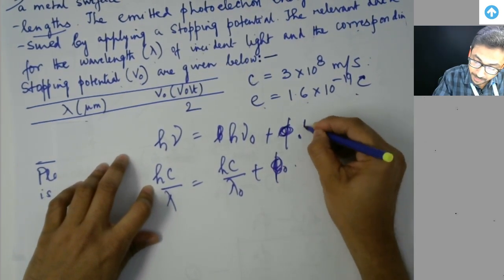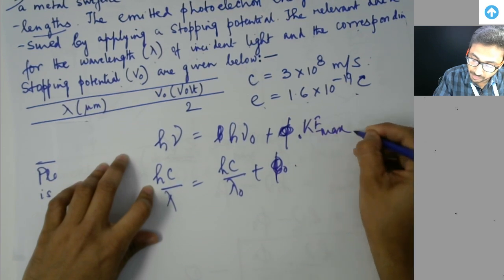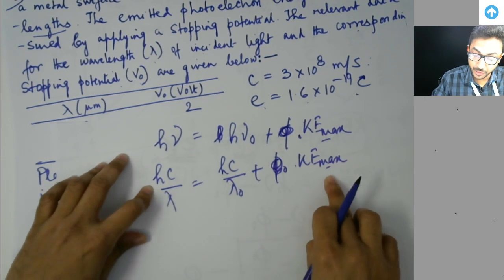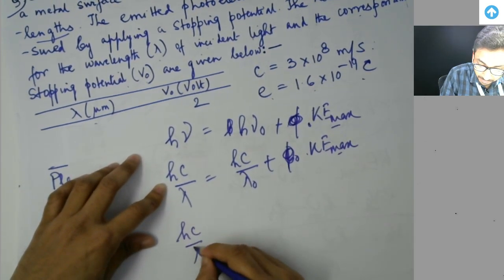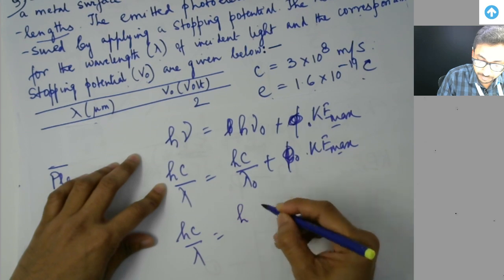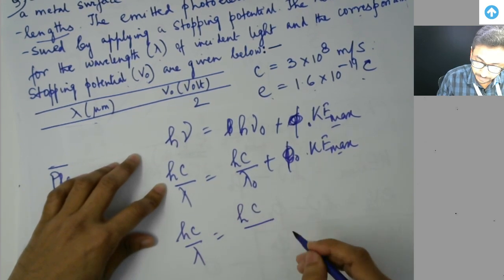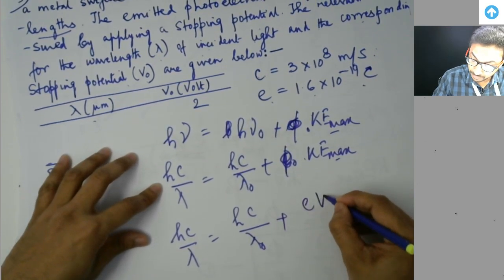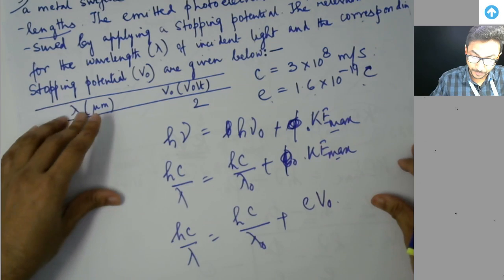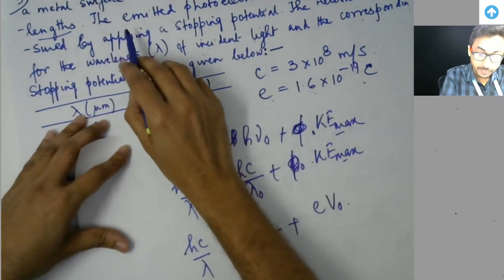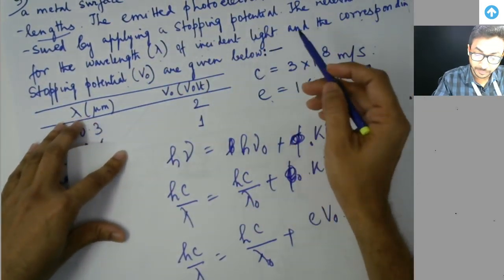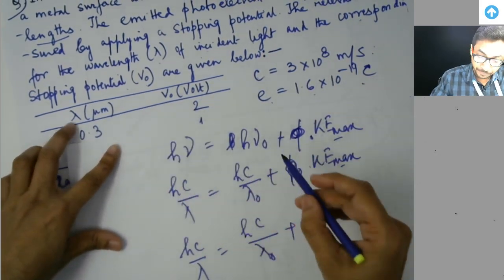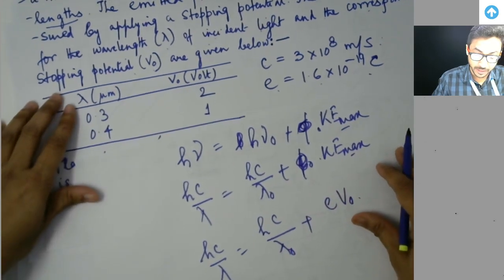Sorry, this will be the maximum kinetic energy, and the maximum kinetic energy we can write as eV0. Great. So the stopping potentials are given.